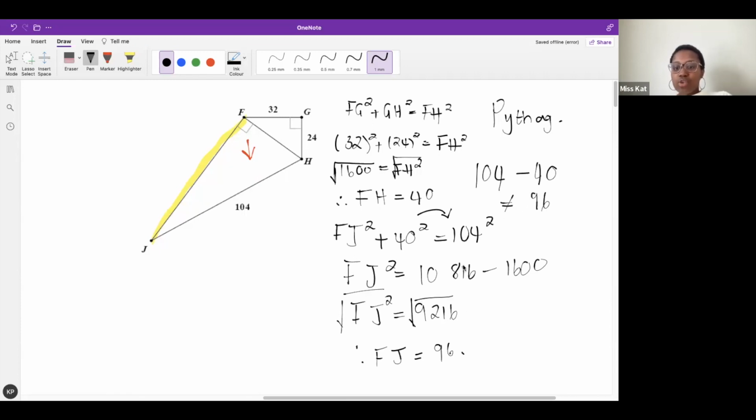You have to first square it to get 10,816, then minus 1,600, then square root. You cannot square root where there are two different terms. Can you see this minus? It's separating the terms. You first simplify, then you square root, okay? Yes, ma'am. Thank you.